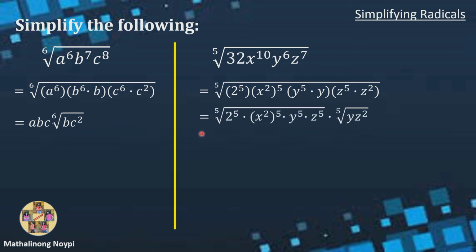And then paghihiwalayin lang natin yung mga may perfect roots, then sa wala. Therefore, we have the final answer of 2x squared yz, the fifth root of yz squared.